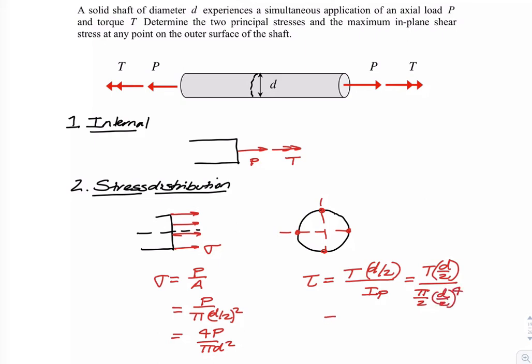So our shear stress at any point on the circumference is going to be the same, 16T over pi d cubed.